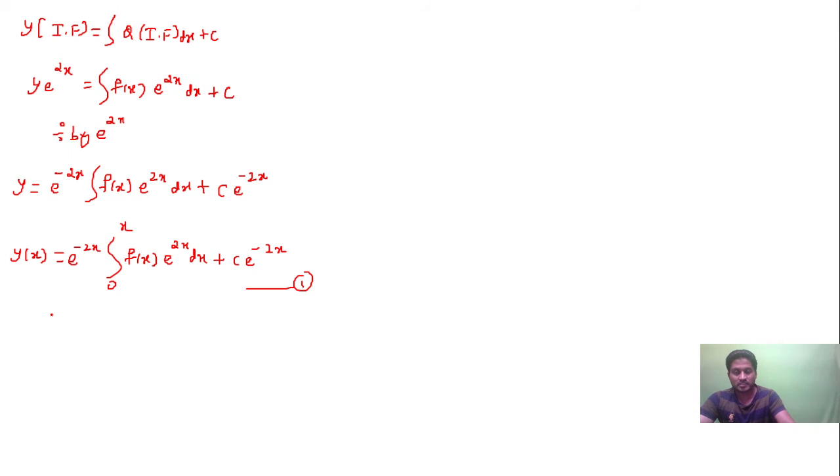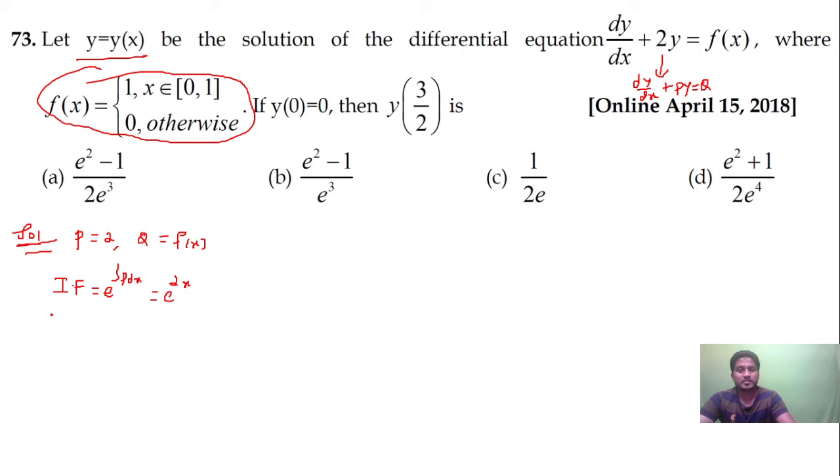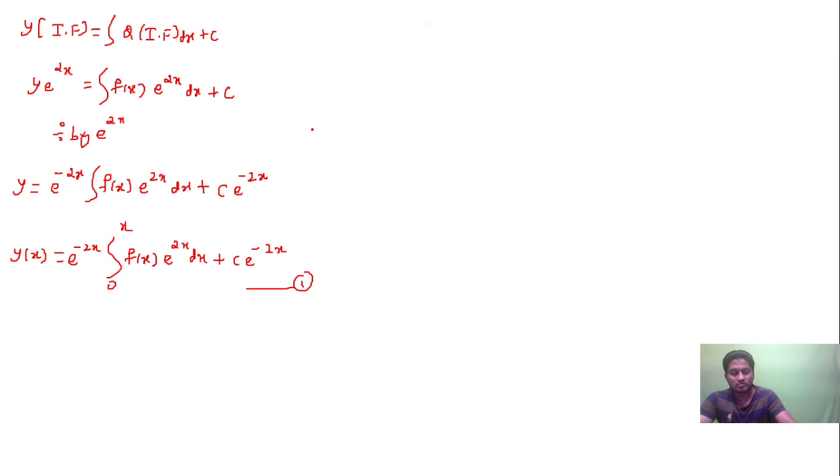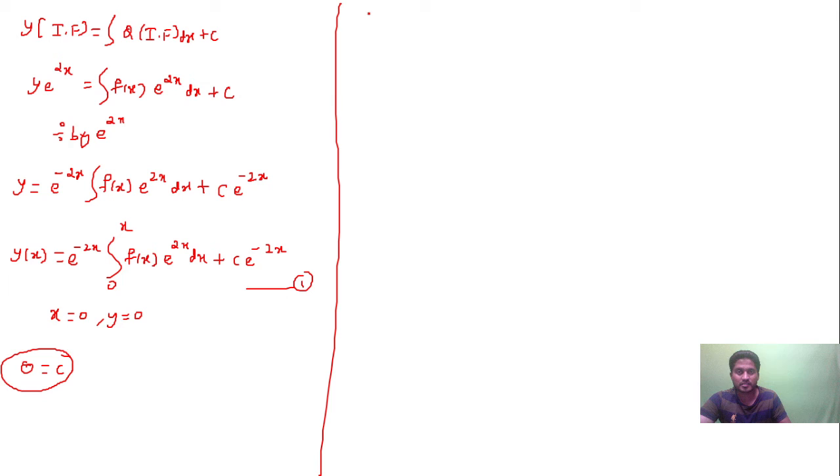Now it is given in the question that when x is 0, y is 0. That is, y of 0 is equal to 0. If I substitute here, when x is equal to 0, y is equal to 0. So obviously 0 is equal to c. C is equal to 0, because the lower limit and upper limit will both be 0, so the integration will be 0. Substitute back in equation 1.